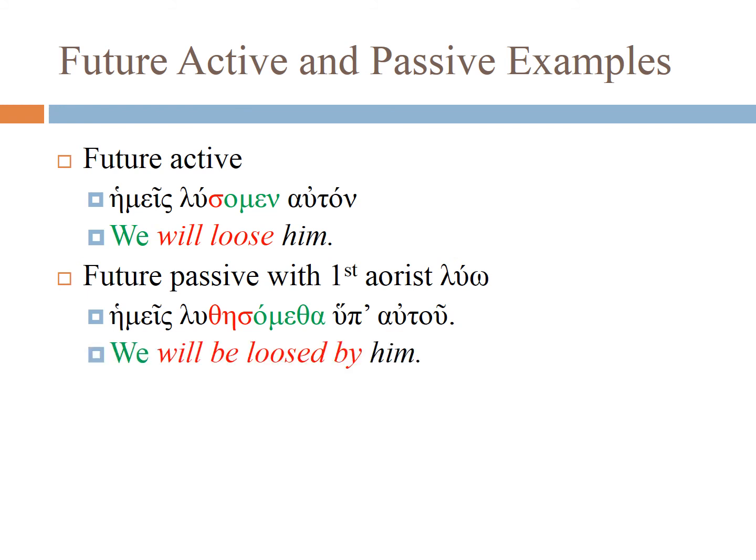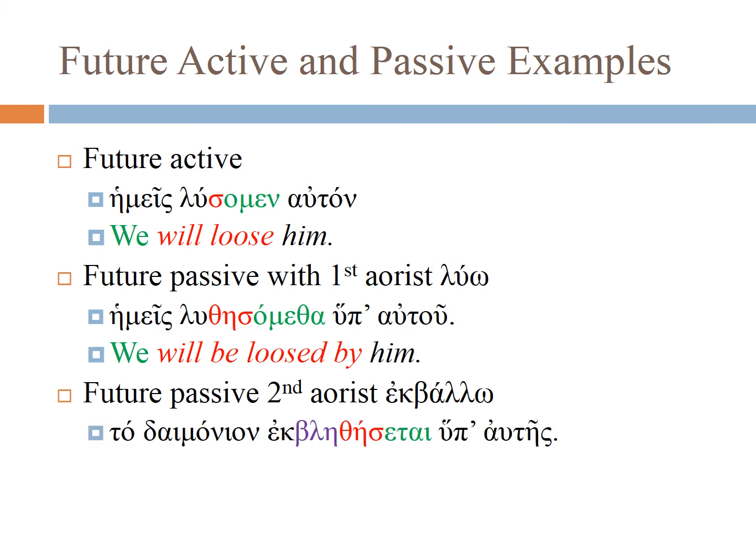We will be loosed by him. Future passive second aorist, ἐκβάλλω: τὸ δαιμόνιον ἐκβληθήσεται ὑπ' αὐτῆς. The demon will be cast out by her.